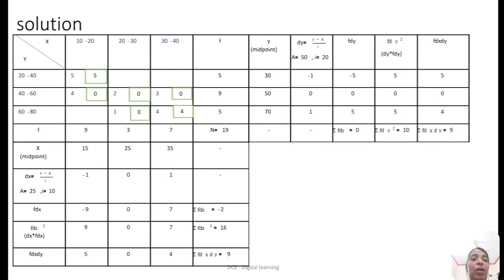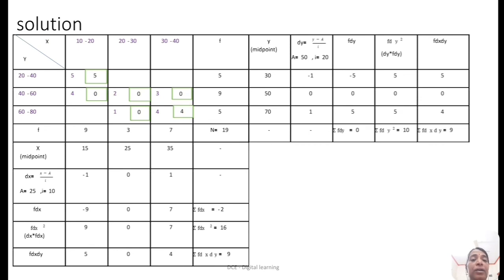On the right of the problem you have to draw 6 columns: frequency, midpoint of x, dy, f dy, and f dy square, that is dy into f dy, and finally you have to calculate f dx dy.